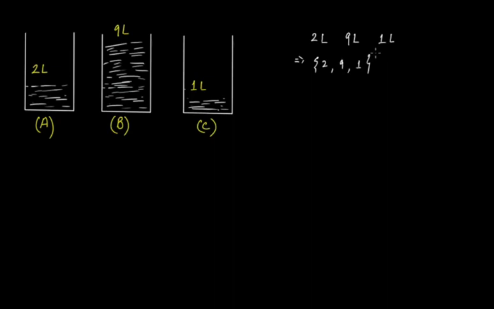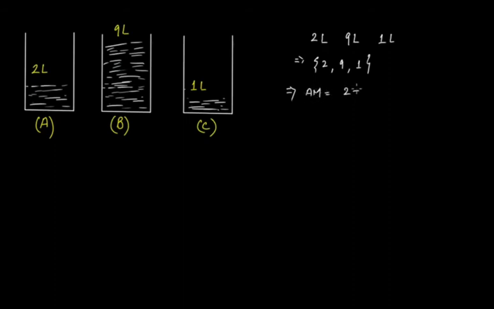Now, if I calculate the arithmetic mean, why? Because what I have to do is simply add all the milk present in these different containers and divide by 3. That's actually the arithmetic mean.